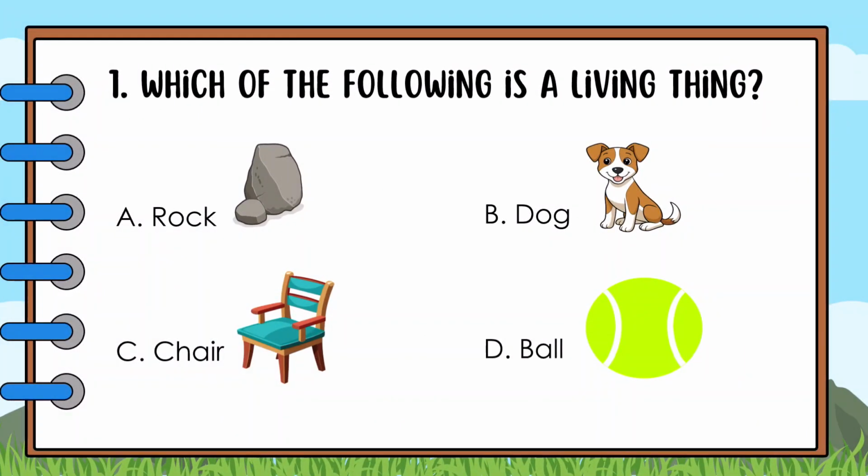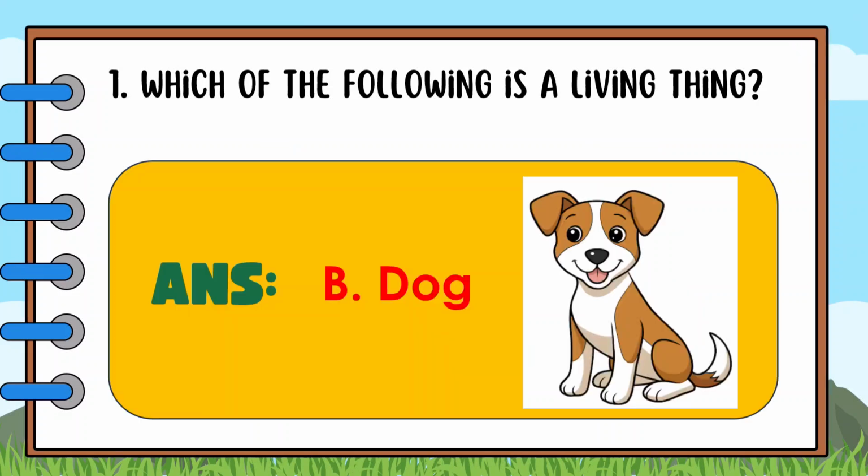Which of the following is a living thing? A. Rock, B. Dog, C. Chair, D. Ball. The answer is B. Dog.